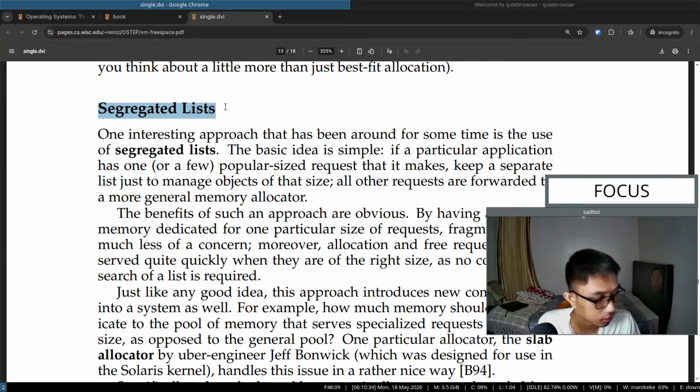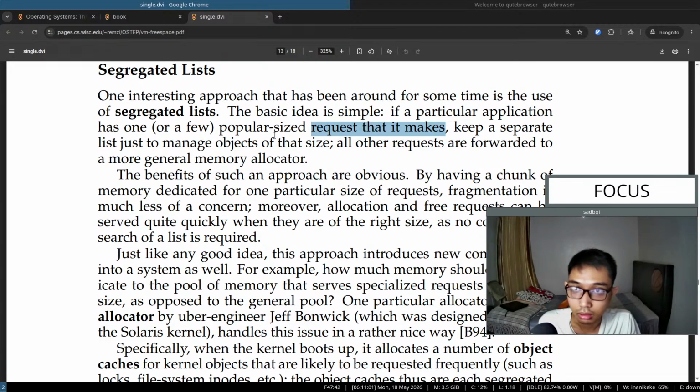Segregated lists. One interesting approach that has been around for some time is the use of segregated lists. The basic idea is simple. If a particular application has one or a few popular size requests that it makes, keep a separate list just to manage objects of that size.